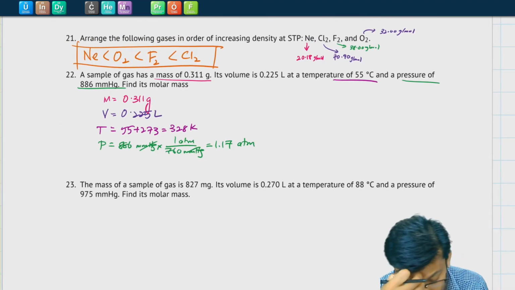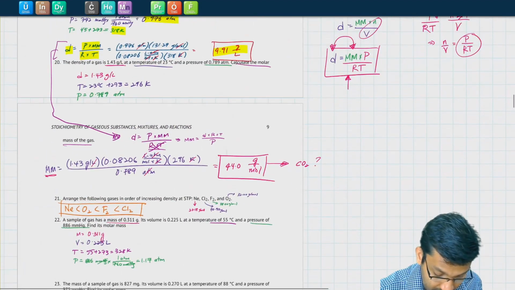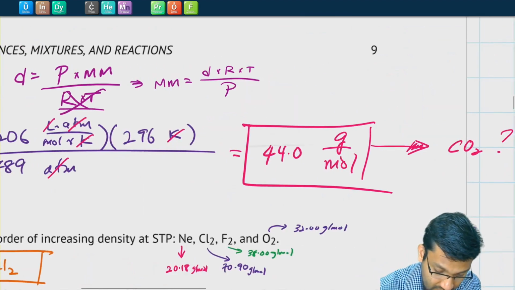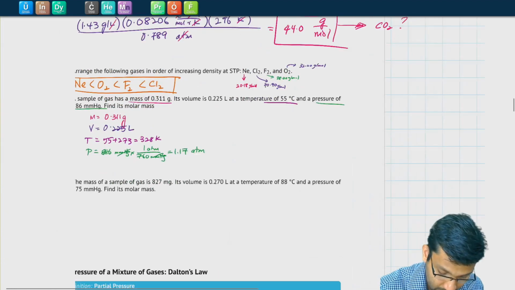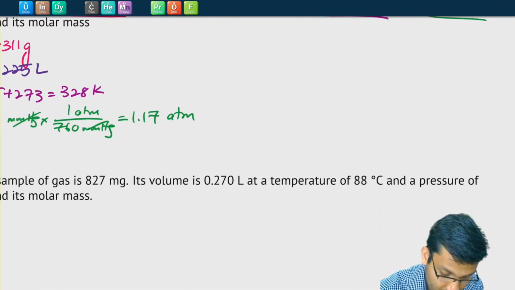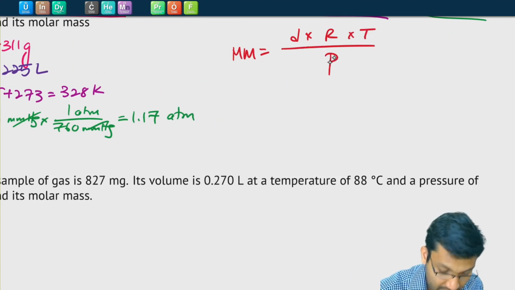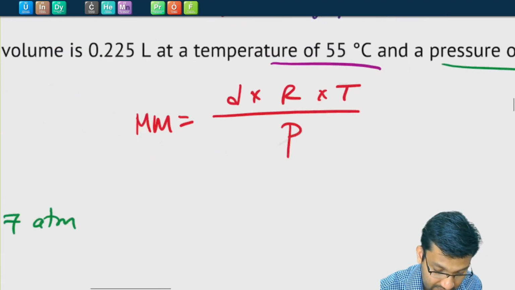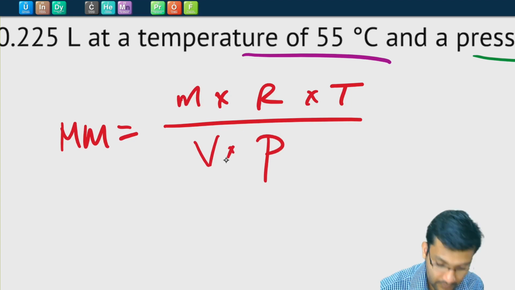Okay, now we need to find the molar mass. Now let's go back up to this equation that we just worked with. The molar mass was the density times R times T divided by P. Now we don't have the density, but we have mass over volume. So instead of density, I'll put mass over volume.